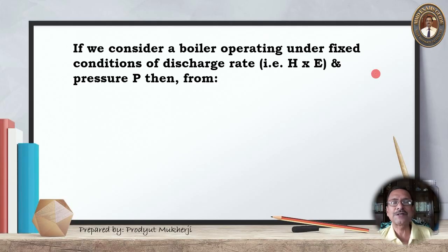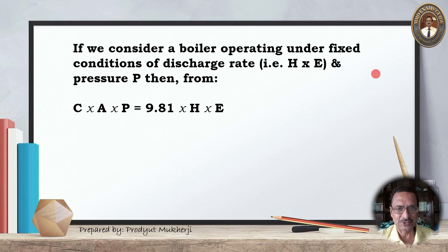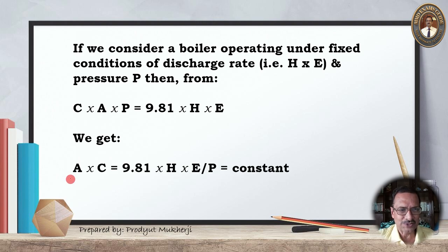If we consider a boiler operating under fixed conditions of discharge rate, that is the heating surface area into the evaporative rate, and the pressure, they are all constant. Then from this formula we can say that A into C, we keep on one side, put P on the other side.